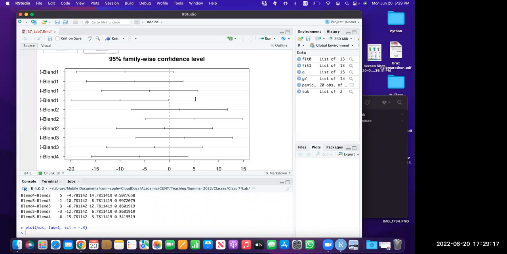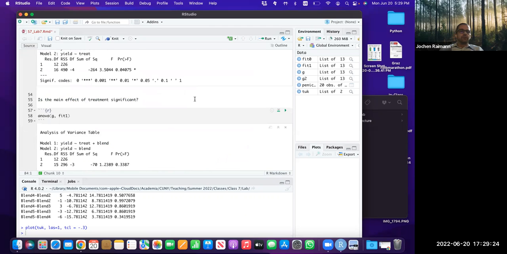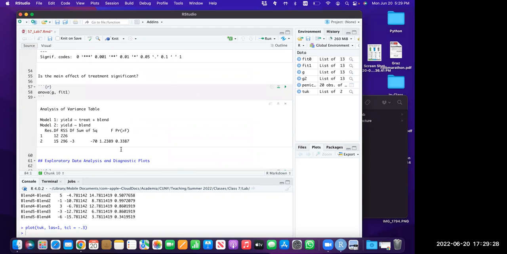Professor, could you please go to ANOVA GFIT1, the results for that? ANOVA fit G1, GFIT1, this one? Yes, yes.